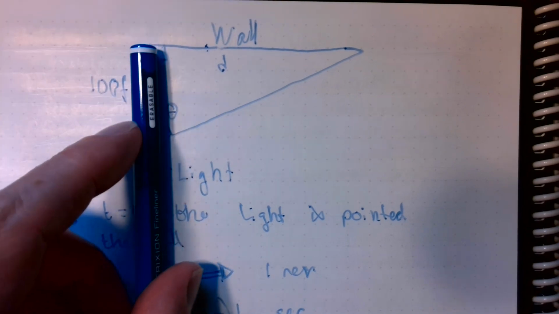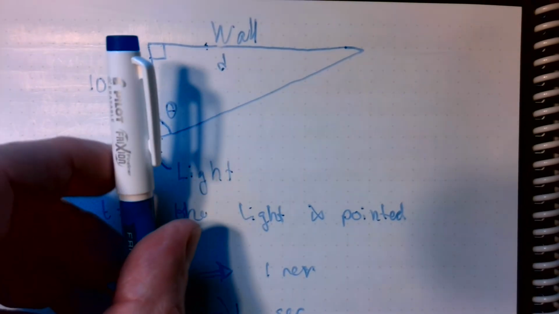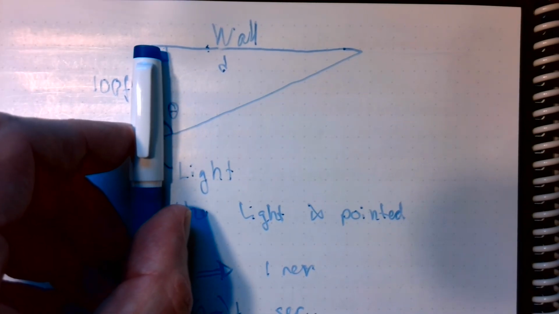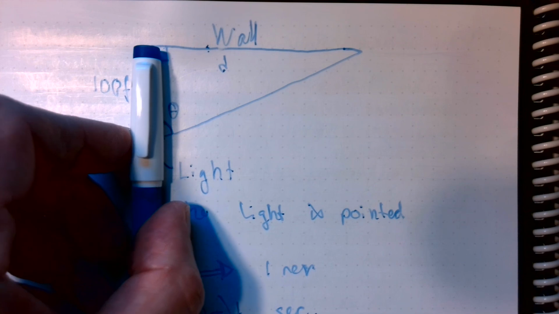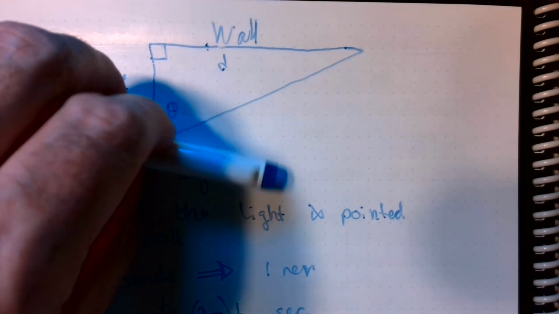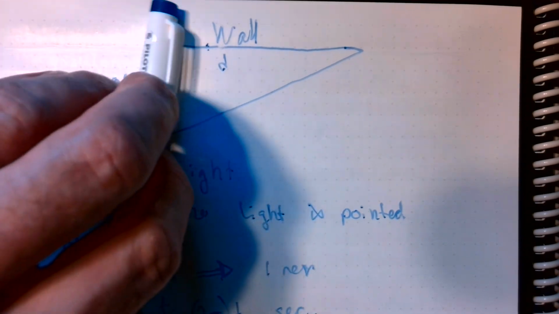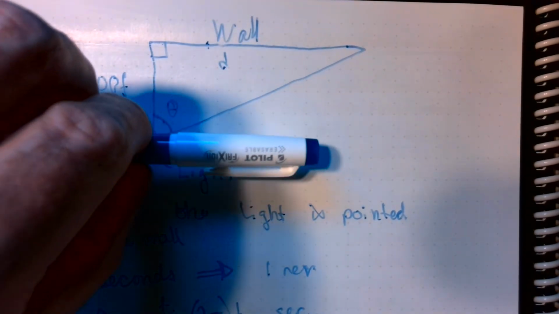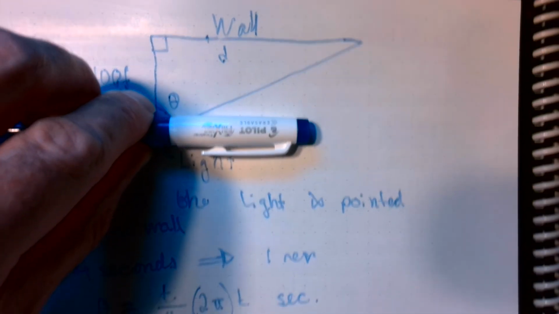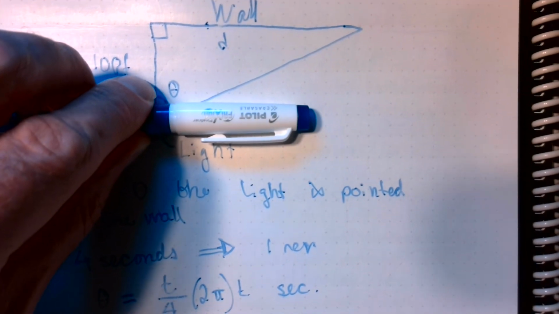So let's think about what's happening here, right? At time t equals 0, the light is pointed right there at the wall. And it takes 4 seconds to do a complete revolution. So 1, 2, 3, 4. At 1 second, the light has moved pi over 2 radians, or 90 degrees.